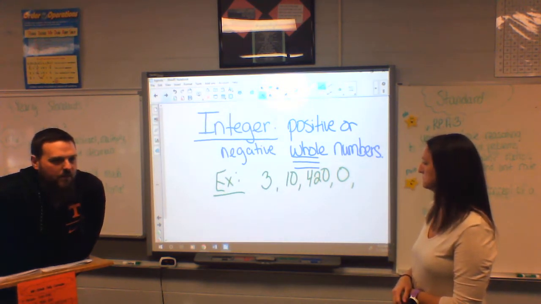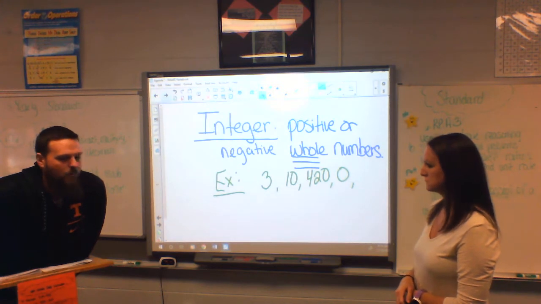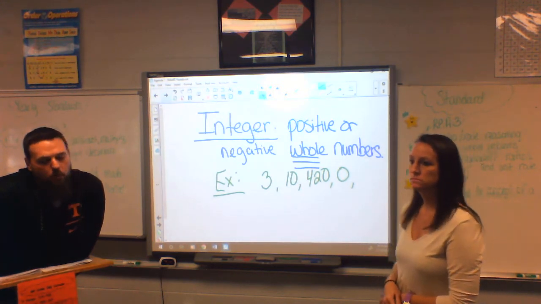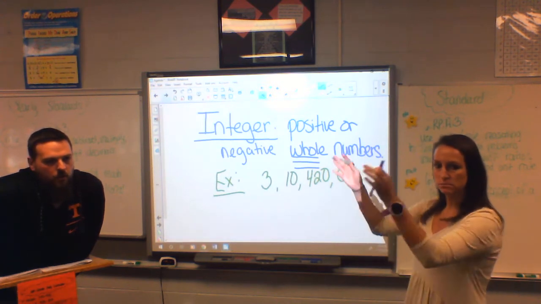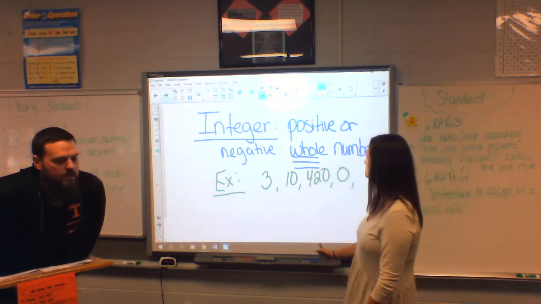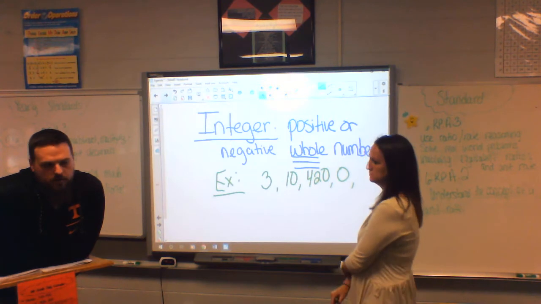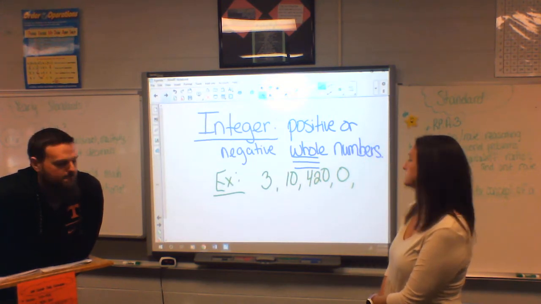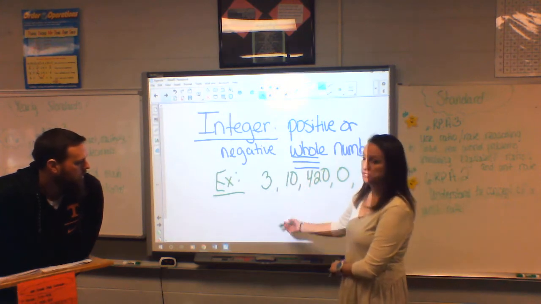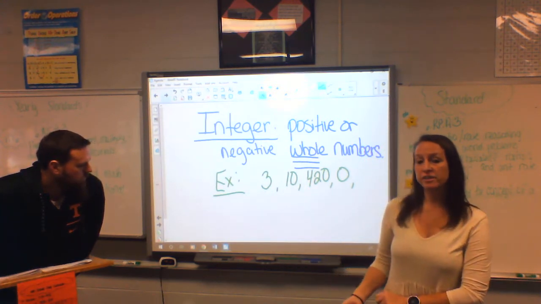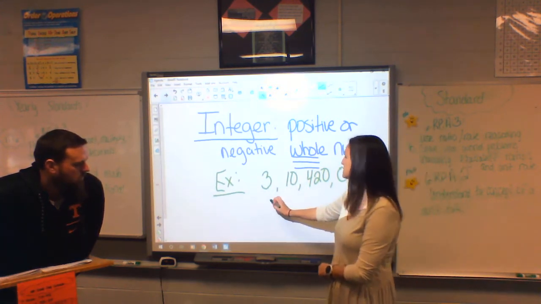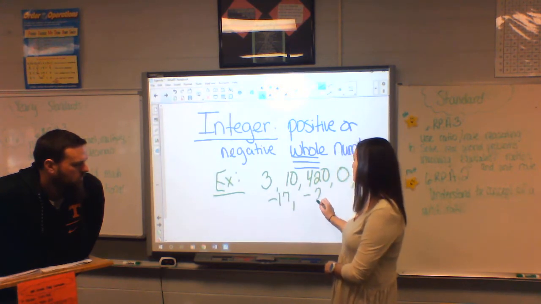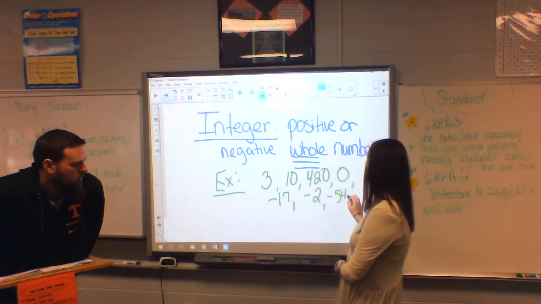I like to say when I'm teaching this, you have a positive land and a negative land. 0 is like the border, what separates them. If you're going from the United States to Canada, for example, there's a border that separates two countries. 0 is that border for our positive and negative numbers. Some examples of negative integers are negative 17, negative 2, negative 540.